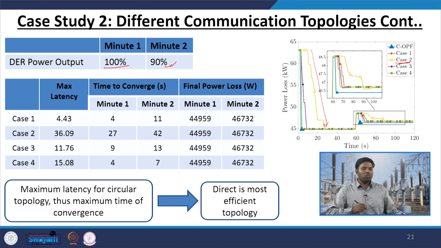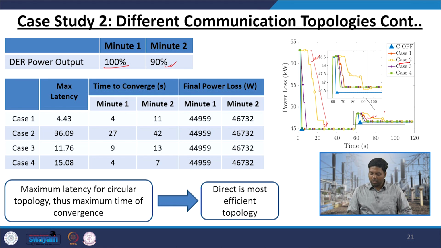So, if your structure is circular, it is not the communication medium delay, it is only the latency due to the communication infrastructure architecture. If you make it circular, you will always get the highest value of latency, that means your sent data will reach with the maximum delay value.